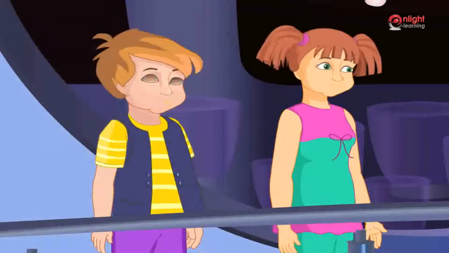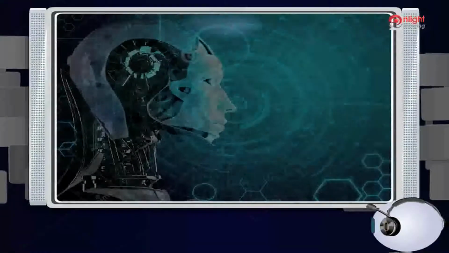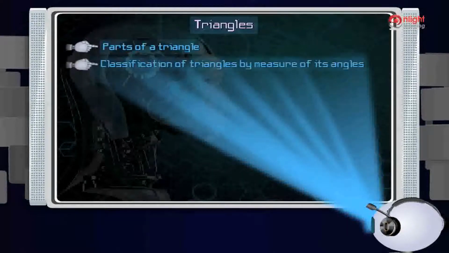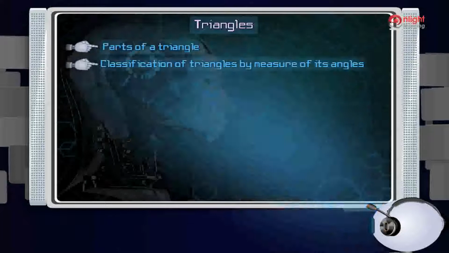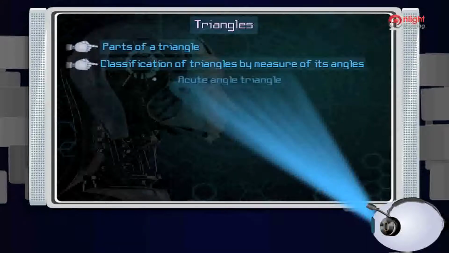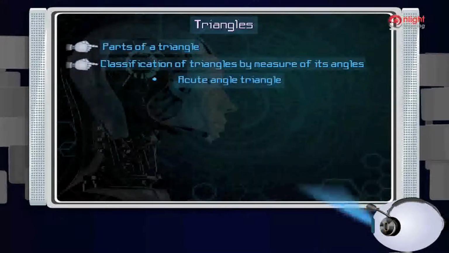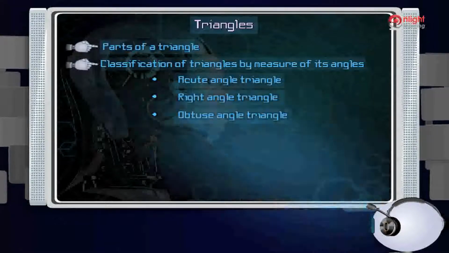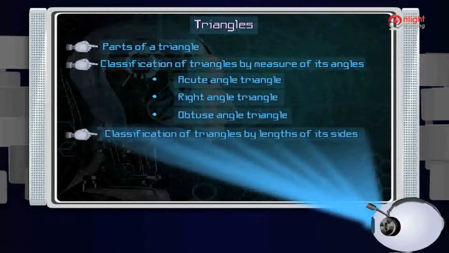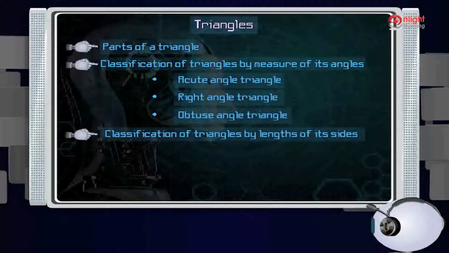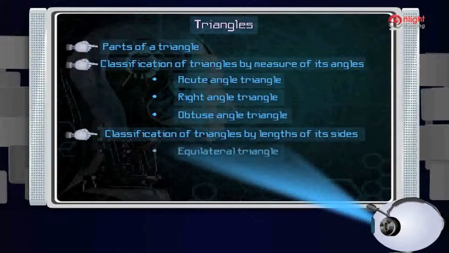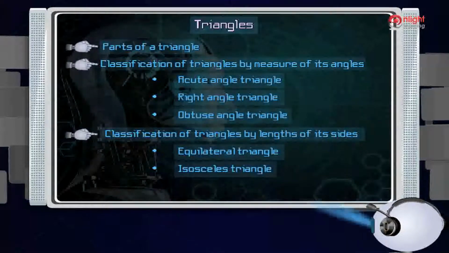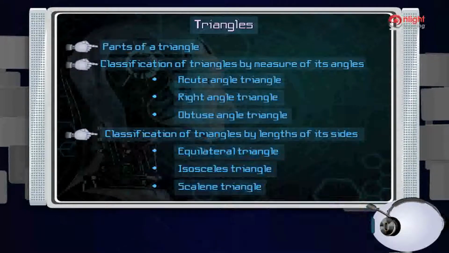Sure, Chitti. In this session, you will learn about parts of a triangle, classification of triangles by measure of its angles, acute angle triangle, right-angled triangle, obtuse angle triangle, classification of triangles by lengths of its sides, equilateral triangle, isosceles triangle, and scalene triangle.